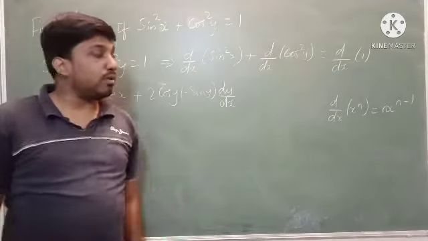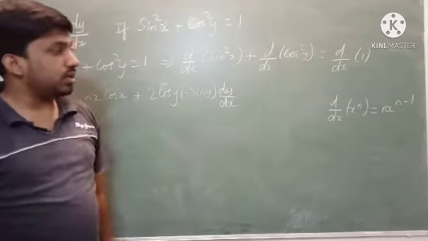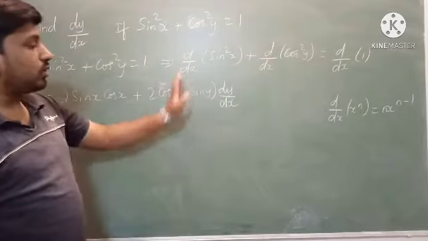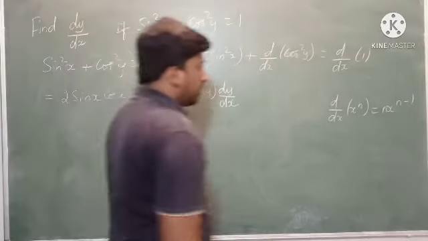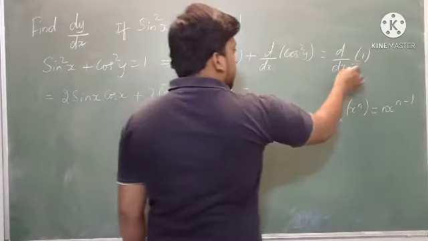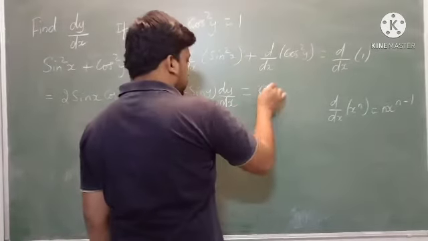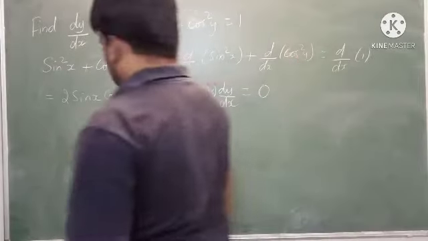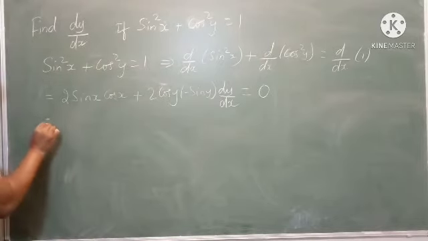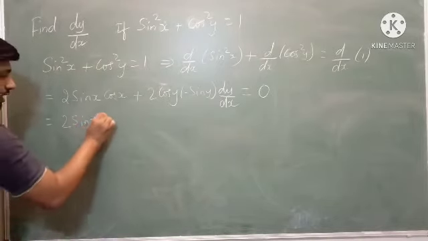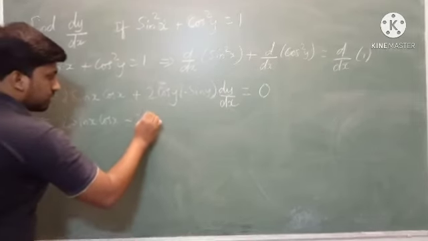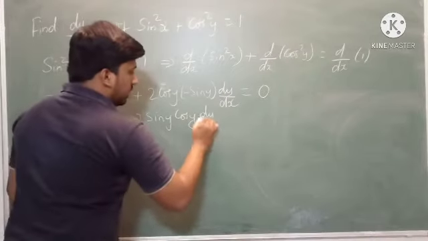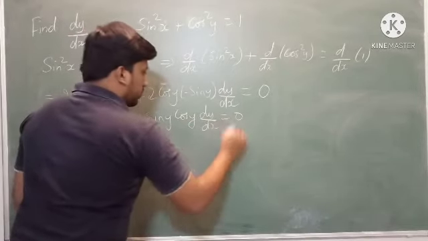Whenever we see the y term, whenever the whole differentiation we are going to do with respect to x, then we need to write dy by dx. That is equal to d by dx of the constant term 1, that is 0. Okay. So now I can write this as 2 sin x cos x minus 2 sin y cos y dy by dx, that is equal to 0.